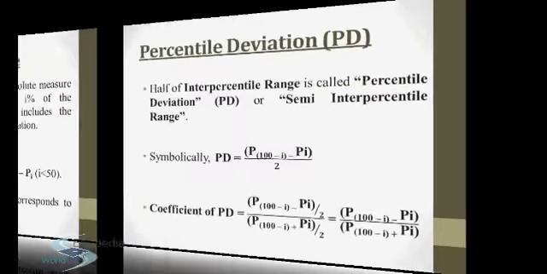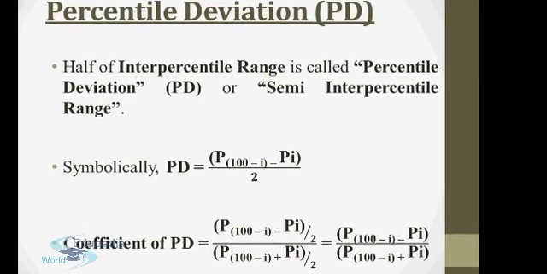Further developing it into the percentile deviation, we just take half of this difference. So percentile deviation, which is also called the semi-interpercentile range, is given by P90 minus P10 divided by 2, and its coefficient, again in the same pattern as that of quartile deviation, could be written as P90 minus P10 divided by P90 plus P10.